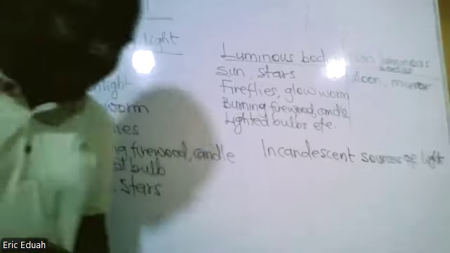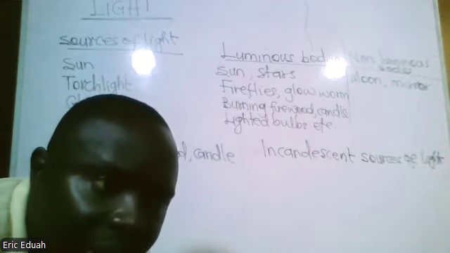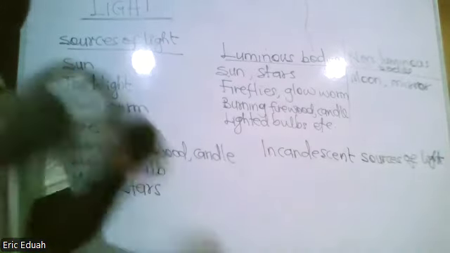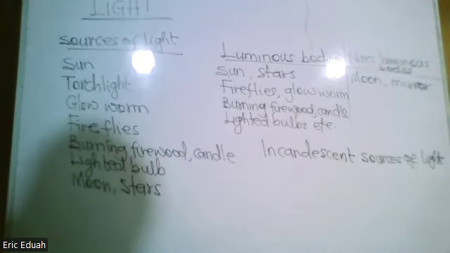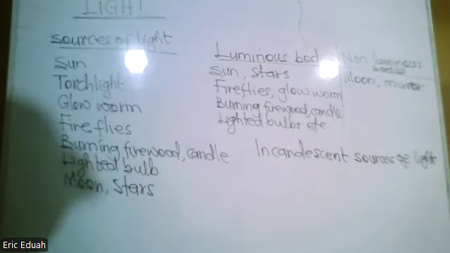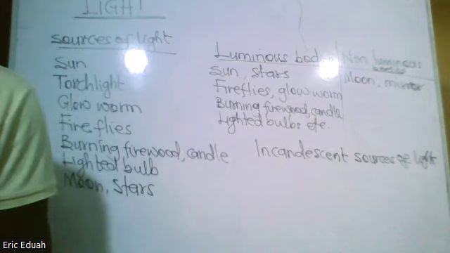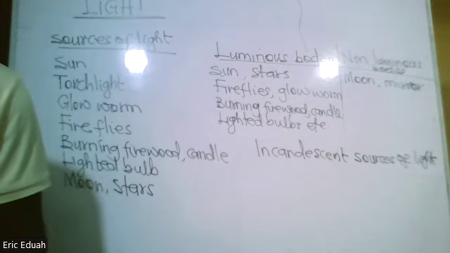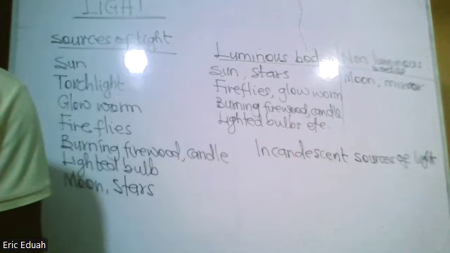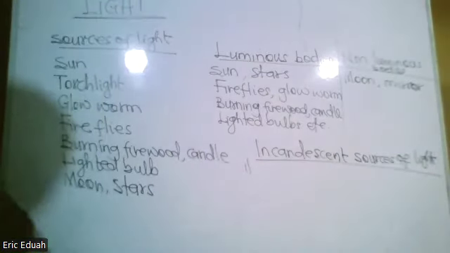Incandescent bodies are bodies that produce light as a result of being heated enough. They can only produce light when their temperature has been increased so much. So when heated, they are able to radiate light energy.